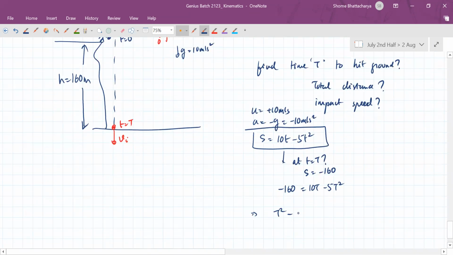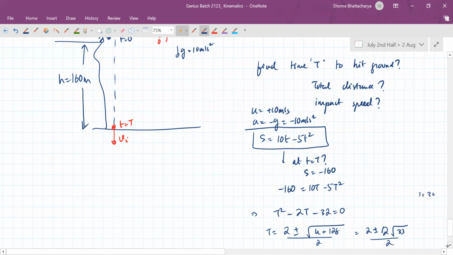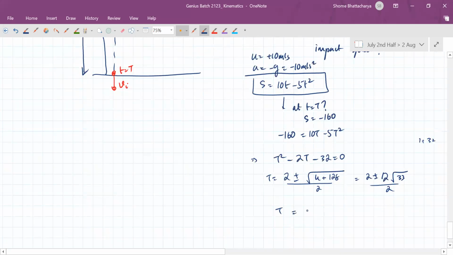So t square minus 2t minus 32 is equal to 0. So t is equal to 2 plus minus of 4 plus 128, divided by 2. So that is 2 plus minus, I can take 2 common. So that's 1 plus 32. So square root 33 by 2. Okay. So the time that I'll get is 1 plus minus root 33 seconds.